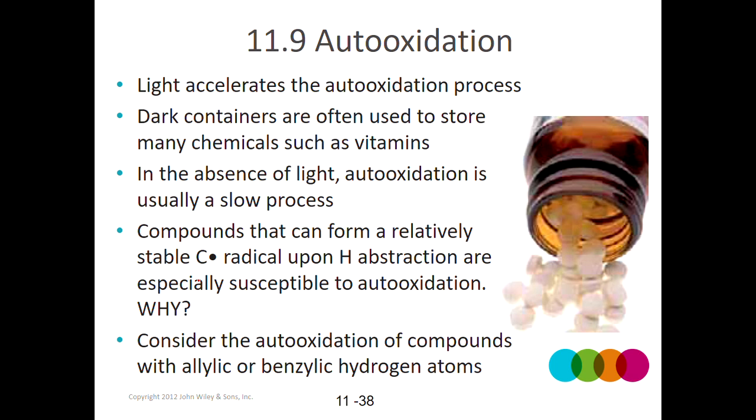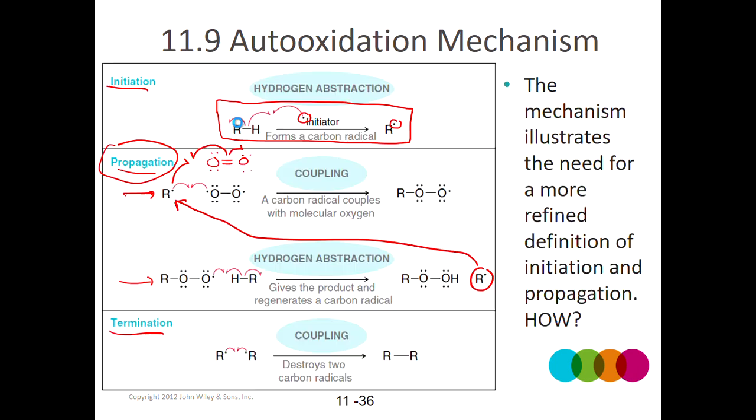So how do we avoid this process? It's a relatively slow process, but we can make it even slower. One way is to use dark containers, because often the process starts when light opens up the oxygen bond or produces some other homolytic cleavage that produces some free radicals.